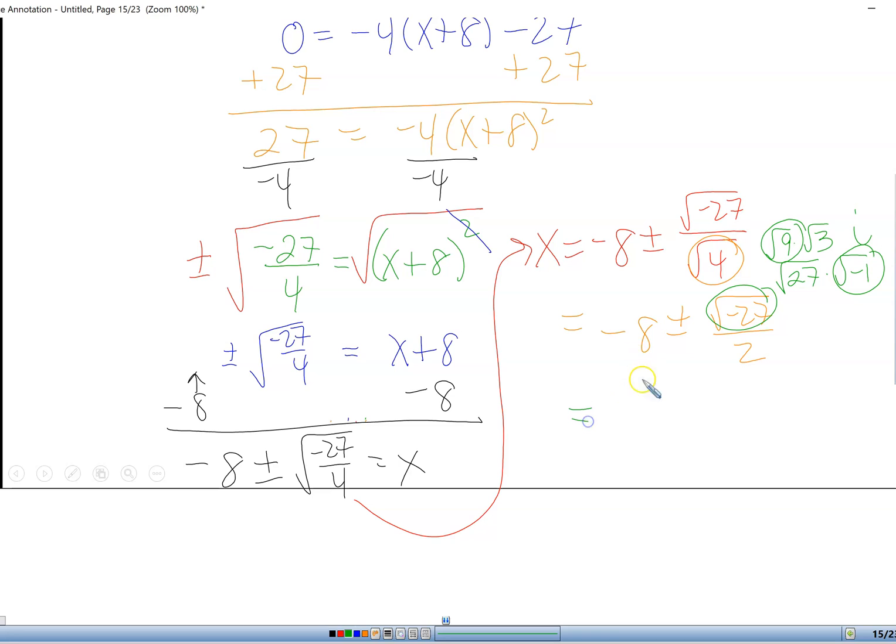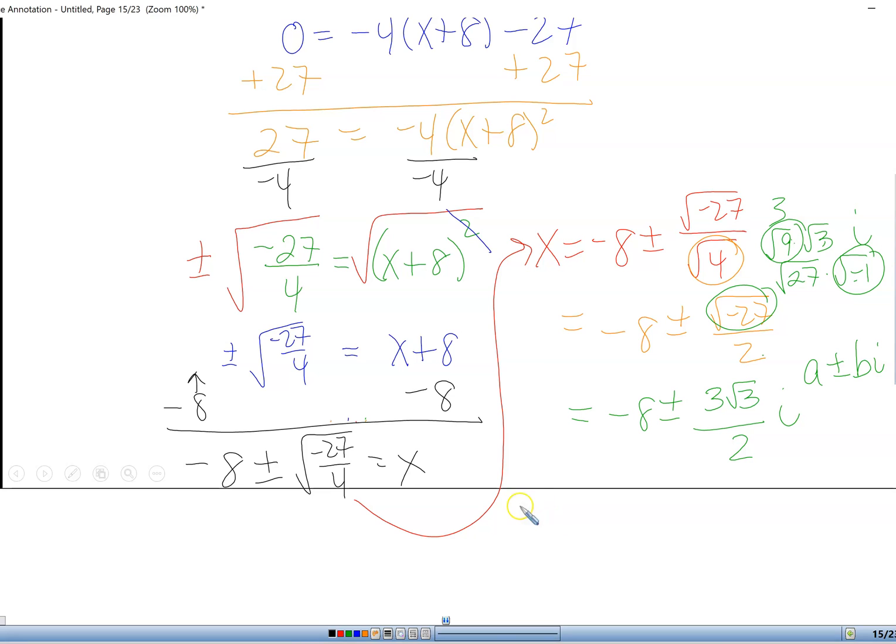So what we should realize, we still have this negative 8 plus or minus. This became 3. Still have the square root of 3 over this denominator of 2, times i to the side. This is your a plus or minus bi form. That's what we're going for there, that complex number form, a plus bi or a minus bi.